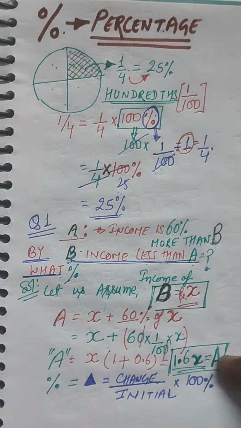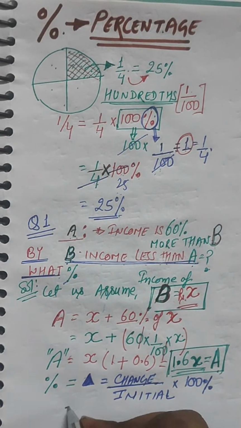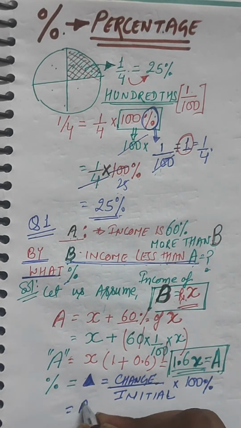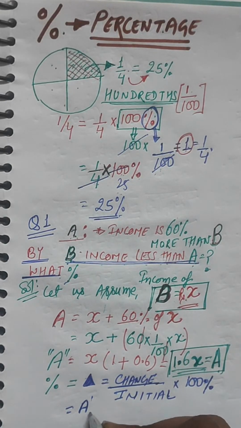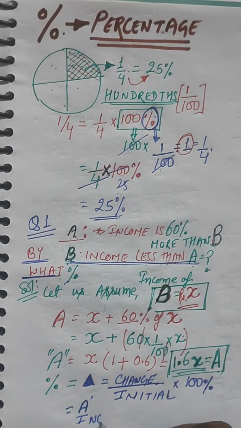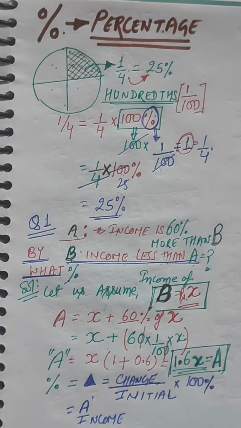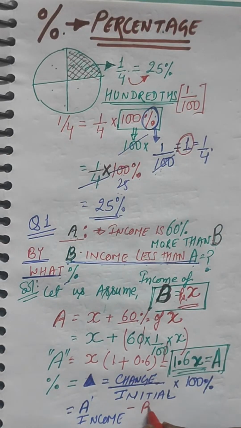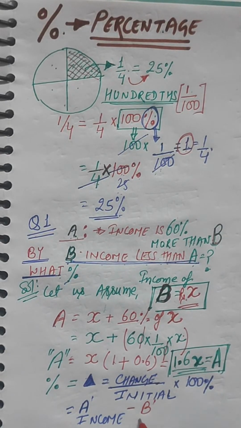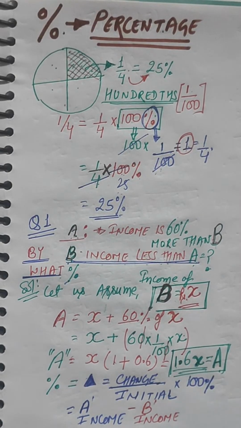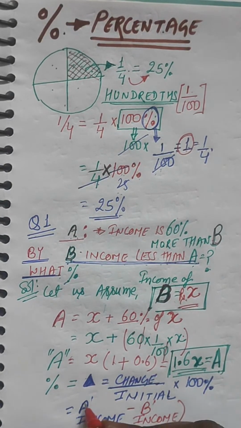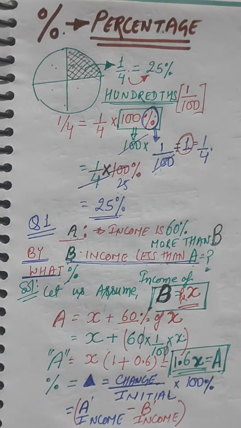B income less than A. So what you will write, the change will be A's income minus B's income. So this will give you the delta, right?